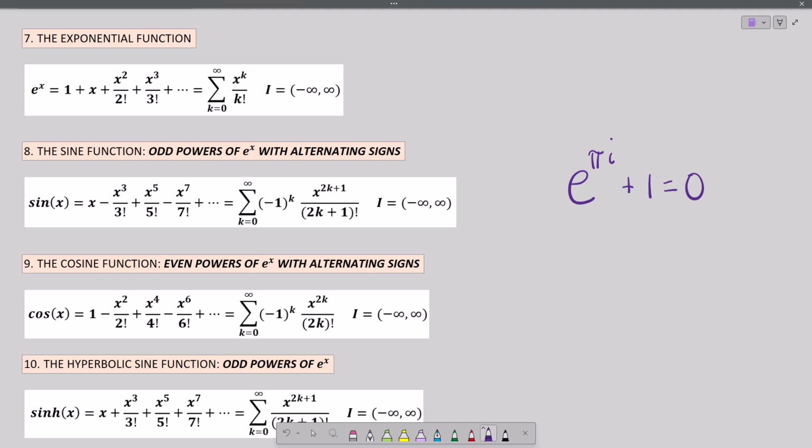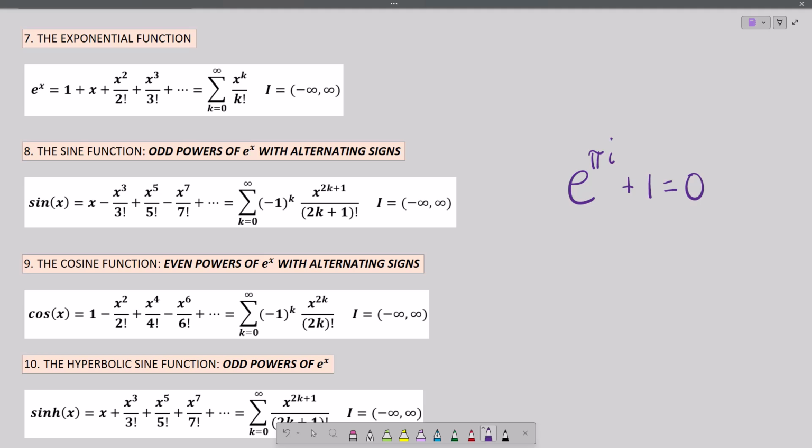All 5 constants in one equation. Probably the most fascinating formula that we see in math. And it turns out that this formula can be proven with power series, and this e to the pi i thing is going to create some cosine and sine.